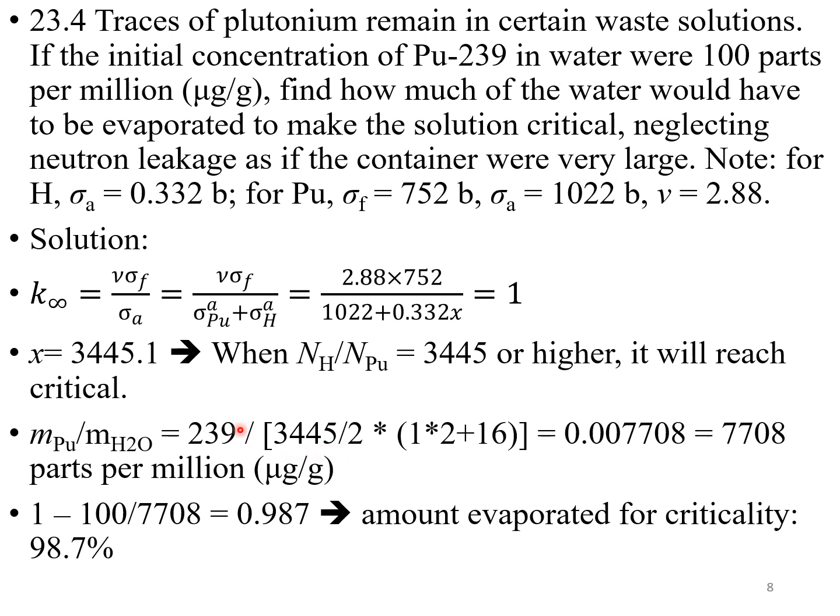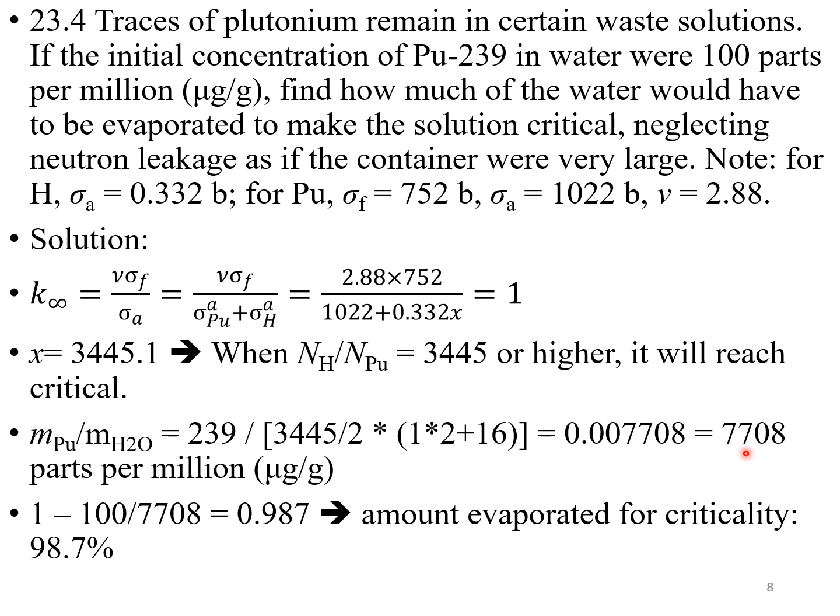So for 1 mole of plutonium, we have this number of moles of water, then times the mass of water. We get this value, and then we multiply by a million, because this is parts per million. So that is 7708. This is the new ppm.